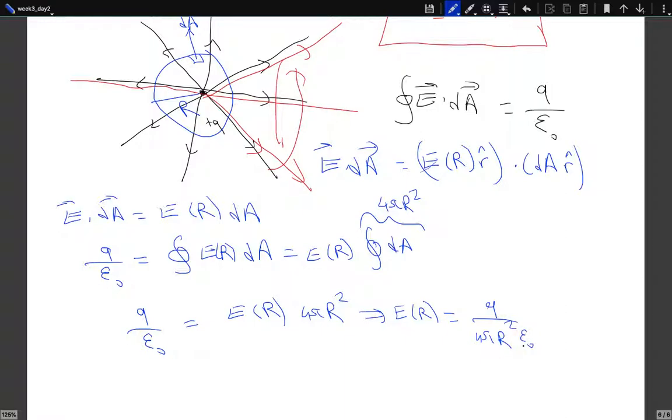But now we know the electric field. You see, we already know that the electric field at the position given by the r vector is just this E_r evaluated at that distance. This is equal to 1 over 4 pi epsilon 0 Q over r squared.